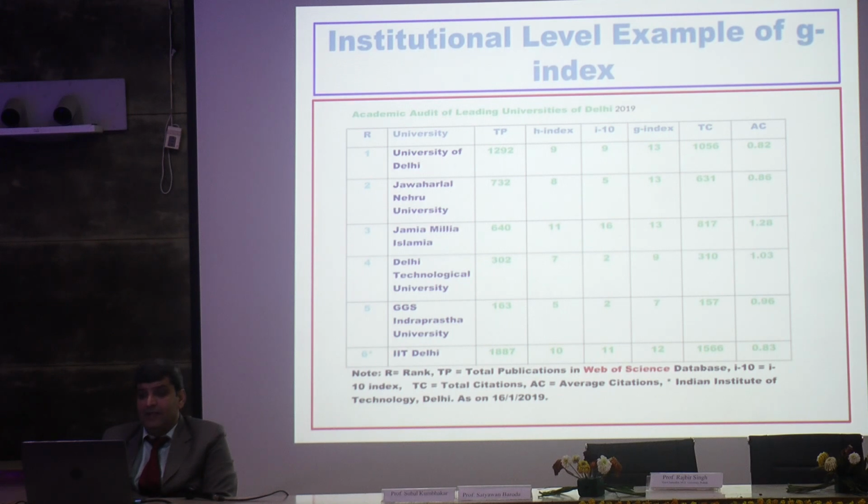And we have used the indicators H index, I-10 index, G index, total citations, average citations. So these are various indicators of academic productivity. That is why people choose the University of Delhi for their ward, and they give first choice to IIT Delhi rather than University of Delhi. And this academic productivity analysis also gives the same result.